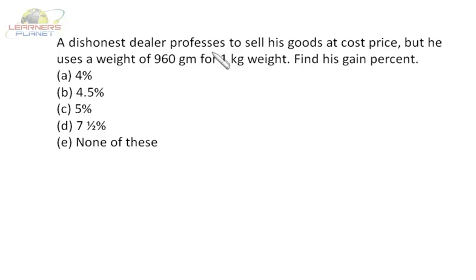Now let's see this question. A dishonest dealer professes to sell his goods at cost price, but he uses a weight of 960 gram for 1 kilogram weight. Find his profit percent. Now friends, he's charging for 1000 gram and giving out 960 gram. That means he's making 40 gram profit on every 960 gram.